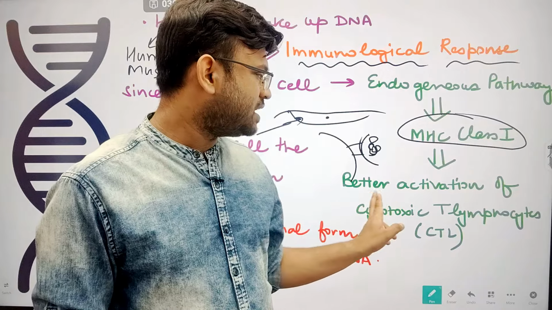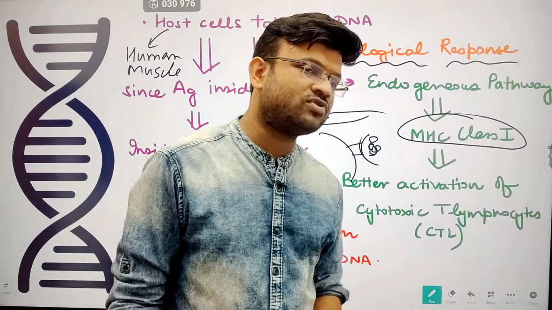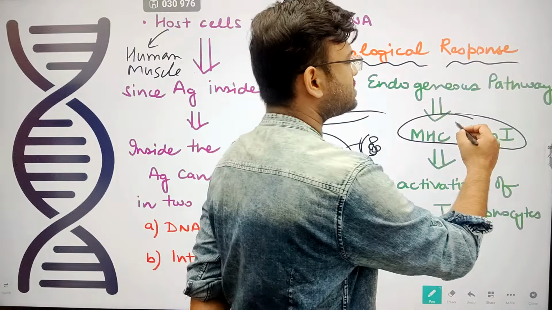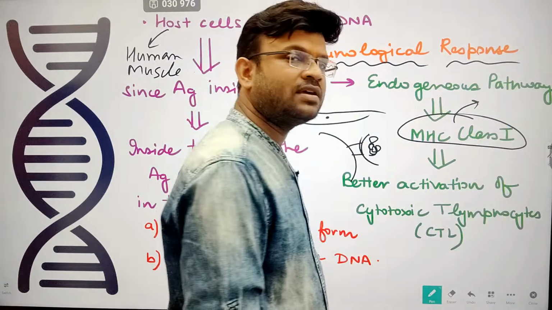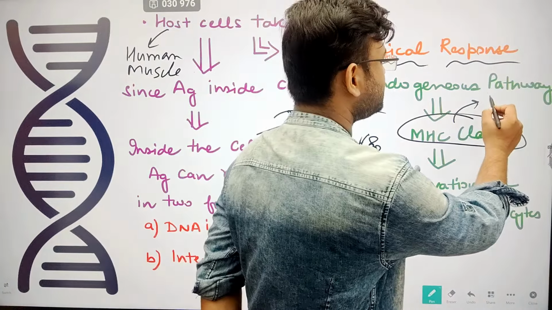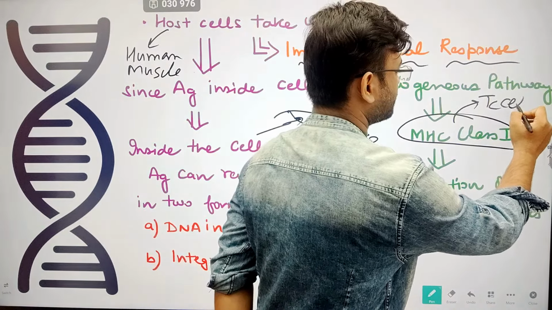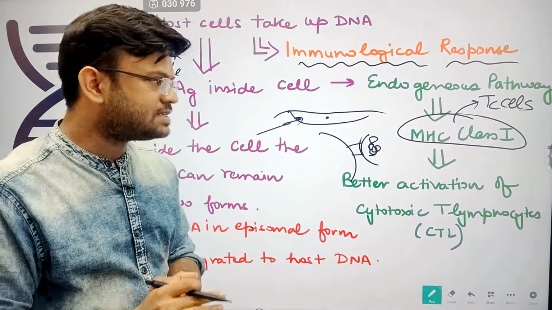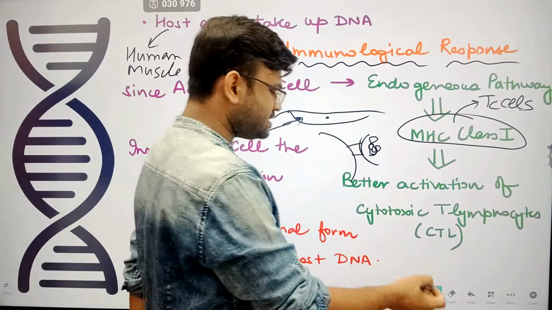Because of this, better activation of the cytotoxic T lymphocytes will take place. You would be knowing that MHC class 1 proteins are responsible for activating the CTL or TC cells. So now the TC cell will come in.